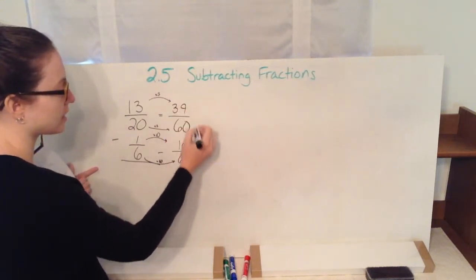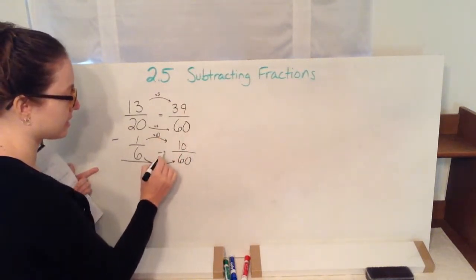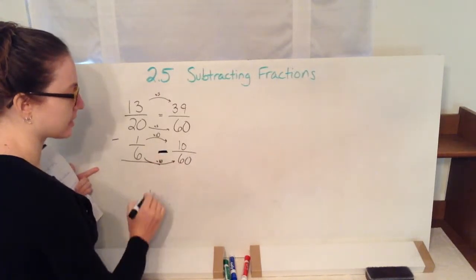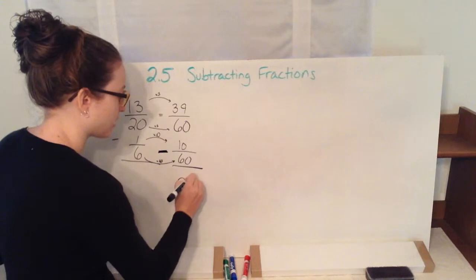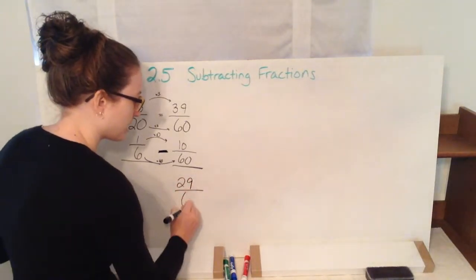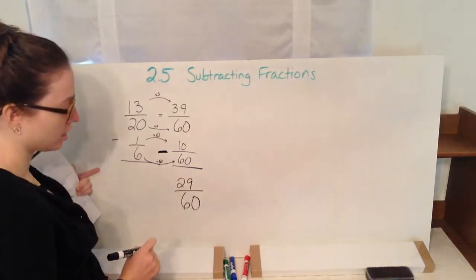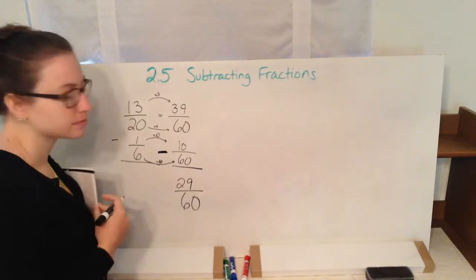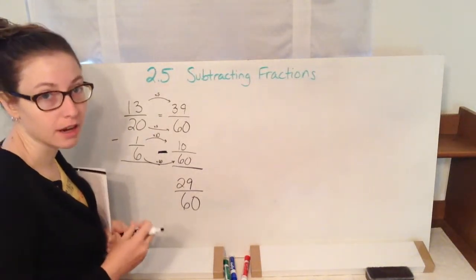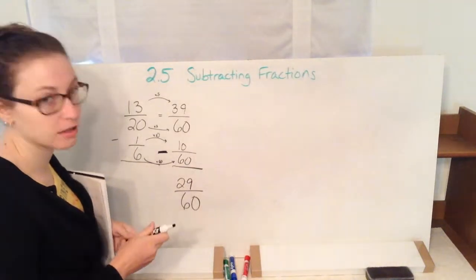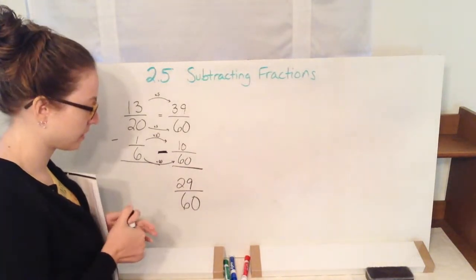So I have 39/60 minus 10/60. 39 minus 10 is 29. And the size of my piece doesn't change, so it's out of 60. This cannot be reduced, but if it could, that's expected of you at this point, since we talked about equivalent fractions.